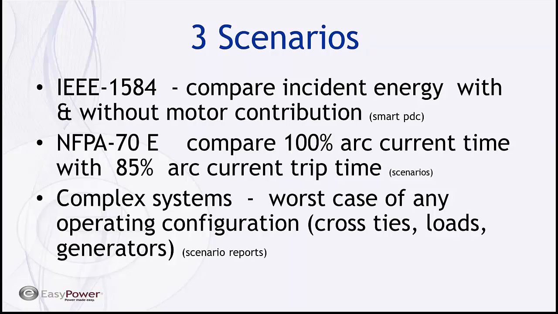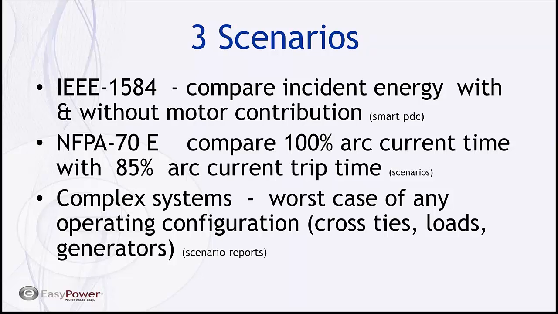NFPA-70E says that you need to compare 100% arc current trip time on the protective devices with the 85% arc current trip time and use whichever is worse as you're calculating incident energy.